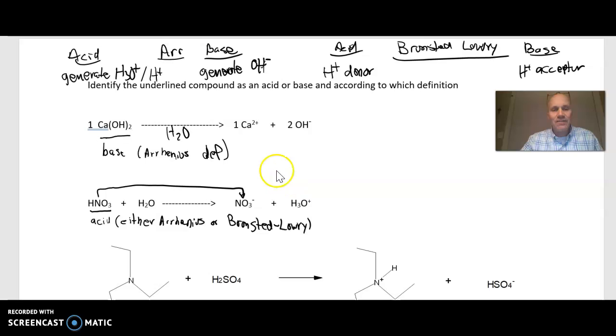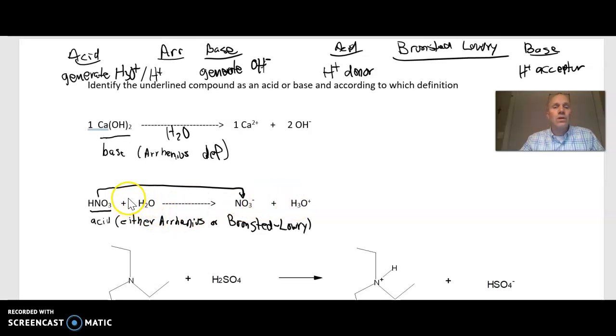By that definition, we could identify it by the Arrhenius definition because it generates H3O plus when reacted with water. But there's another way to look at this, and that is to recognize that when this happens, the HNO3 gives its H plus to H2O. That results in the NO3 minus, which no longer has the H plus, and the H3O plus, which is what happens when water gains that H plus.